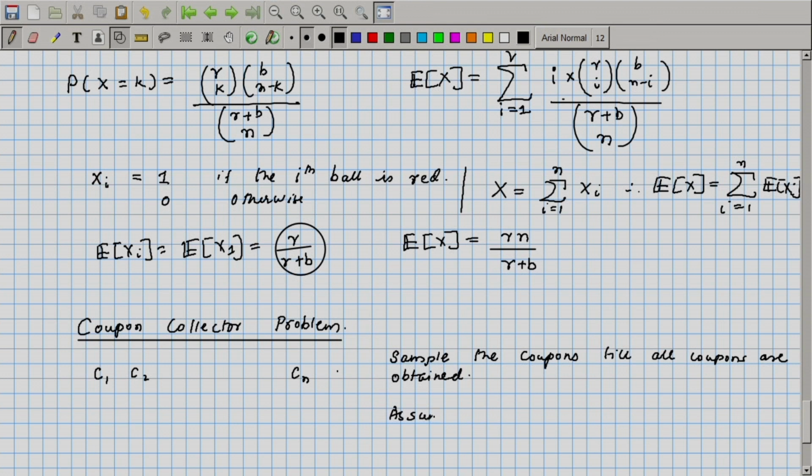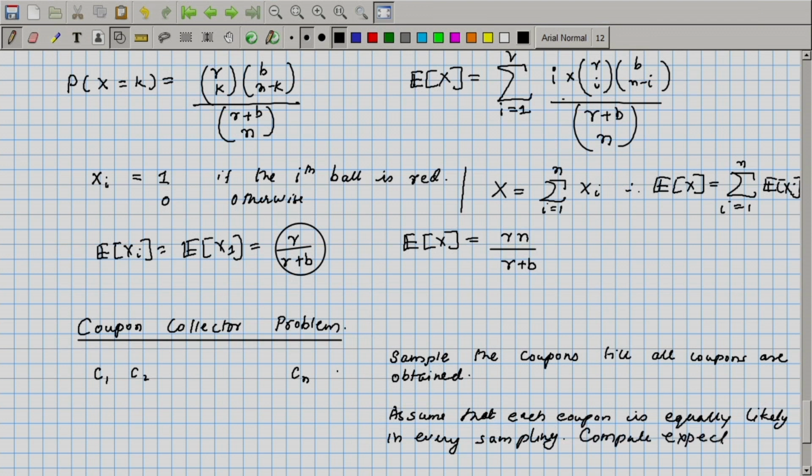Assume that each coupon is equally likely in every sampling. Compute the expected number of samplings in order to get all the possible coupons.